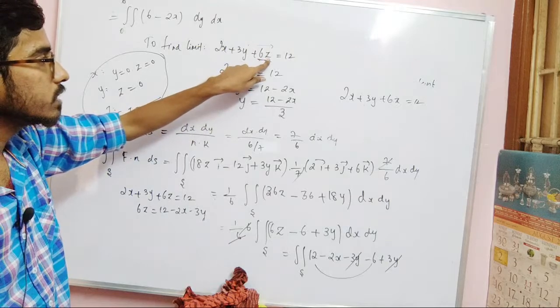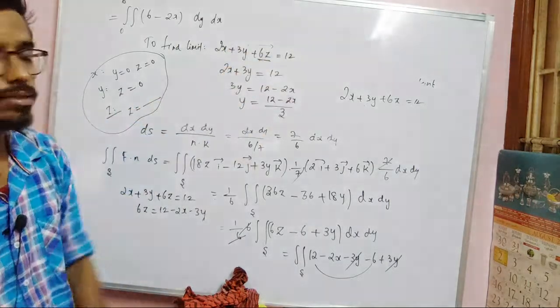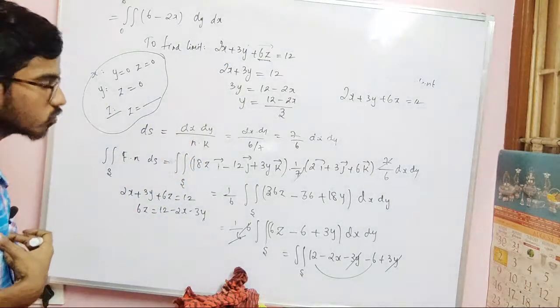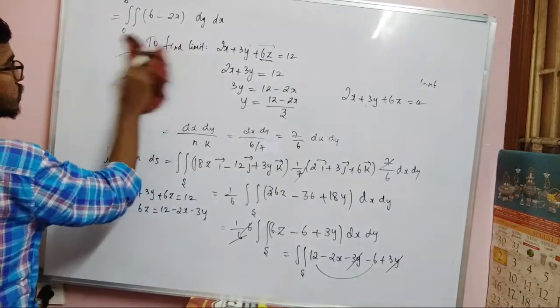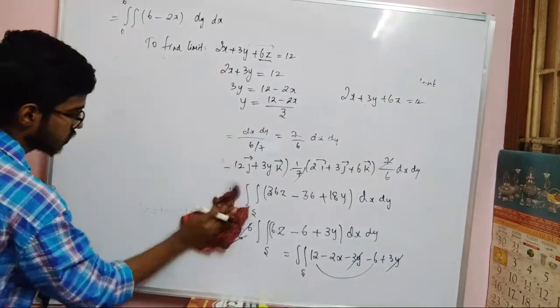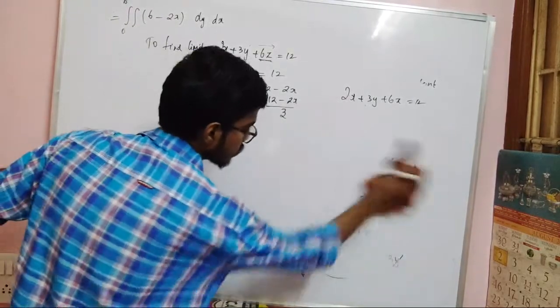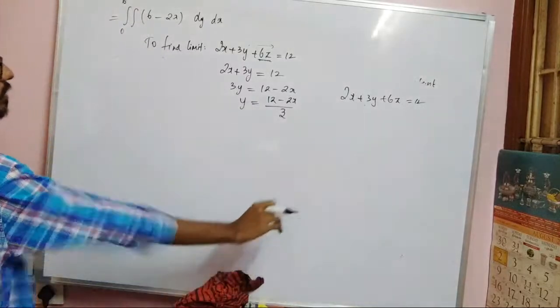To find z, there is no variable next to it, so 6z is equal to 12 minus 2x minus 3y. So the y limit will be (12 minus 2x) by 3.